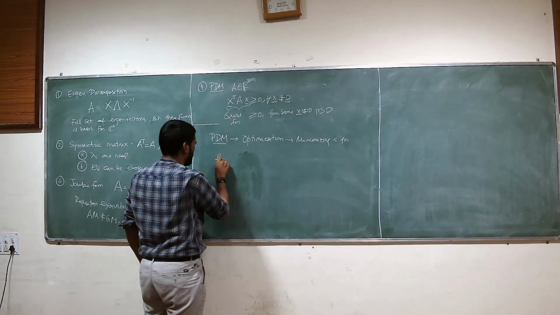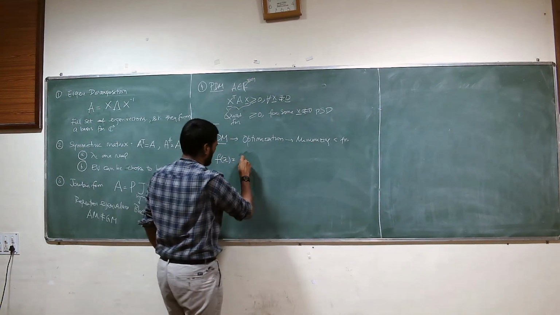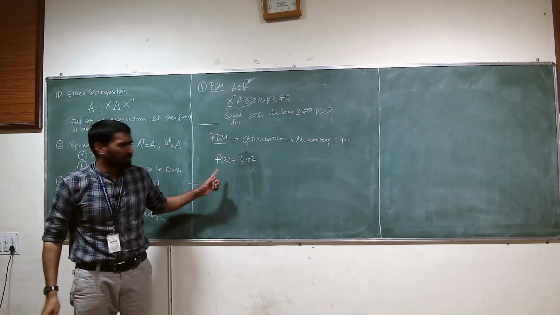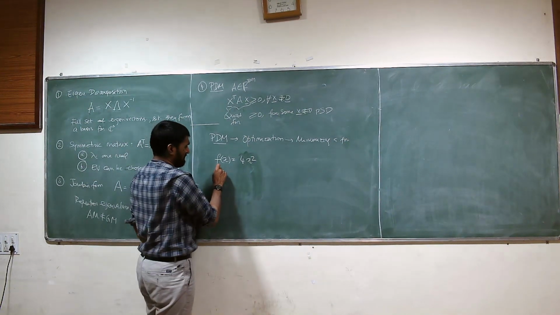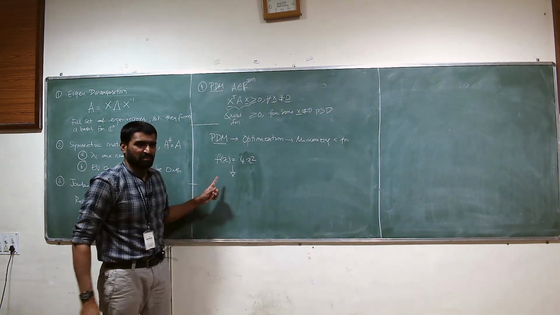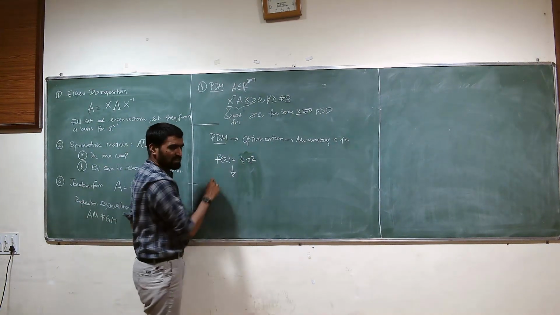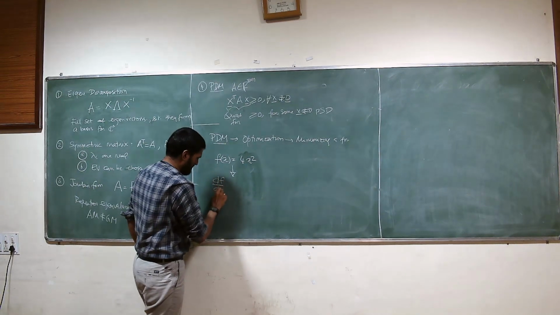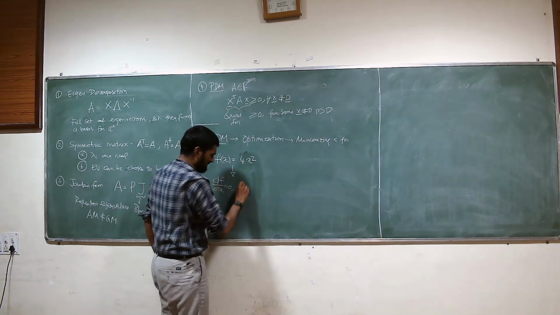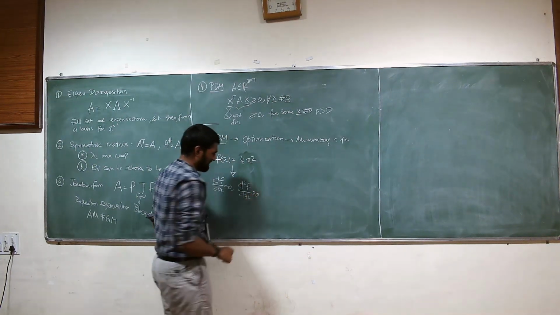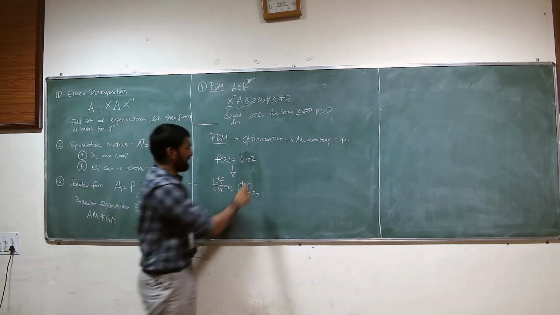When you have a univariate function of one variable, we said that this has a minimum when df by dx is 0, and we know that this function has a minimum.